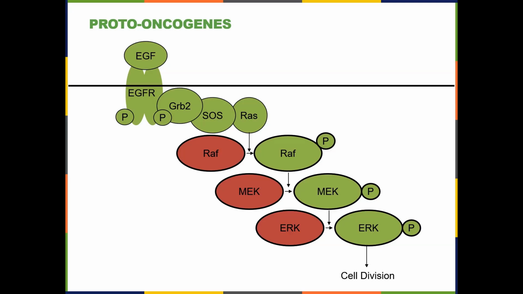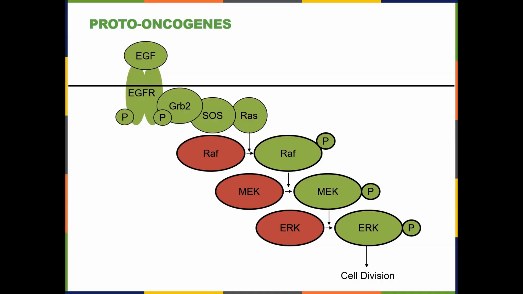Proto-oncogenes code for normal cell signaling proteins that stimulate growth. Here we see the example of epidermal growth factor and the intracellular signaling cascade stimulated by the epidermal growth factor receptor.